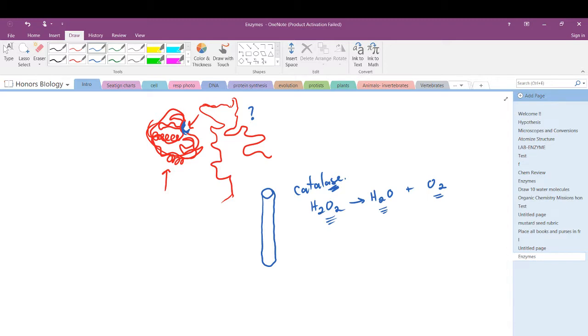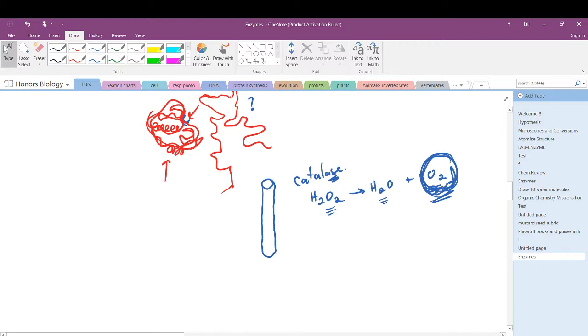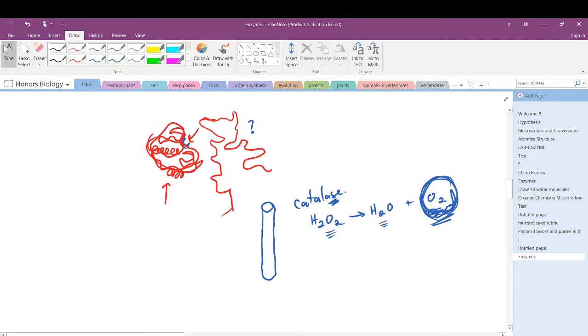But what we want to do is examine whether or not the enzyme is working. And the way that we're going to know whether or not the enzyme is working is if we see oxygen. Because if we see oxygen, we know that hydrogen peroxide has been broken down. Now, I want you to read the lab. I want you to put the lab in your lab notebook. And I want you to be familiar with the processes.